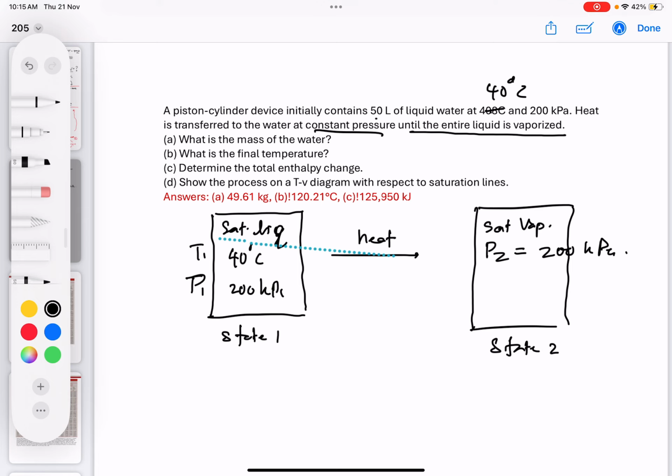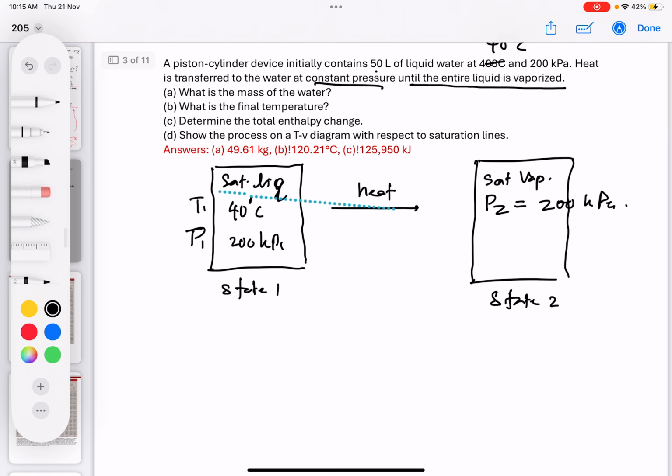So I can say that at state 1 here, I have saturated liquid. So the specific volume for state 1 here is going to be the specific volume of liquid at 40 degrees Celsius.